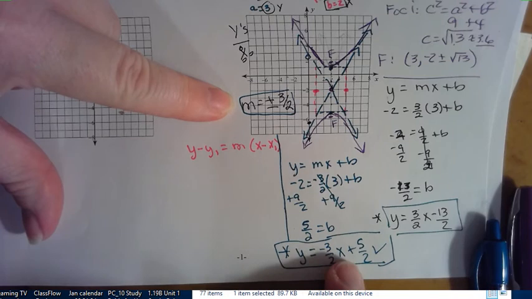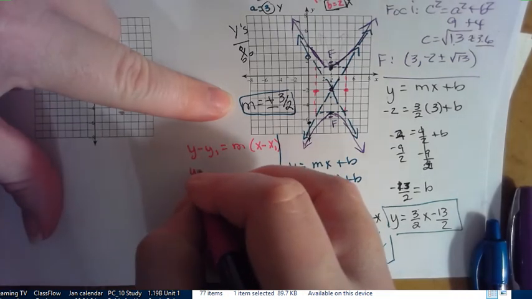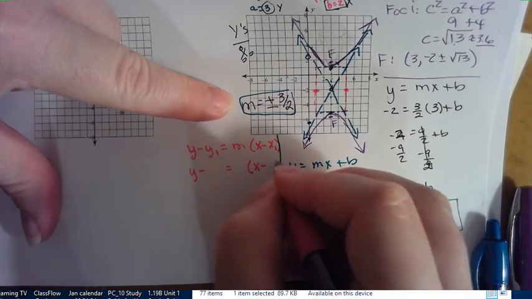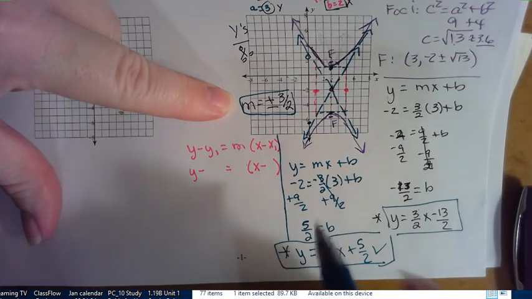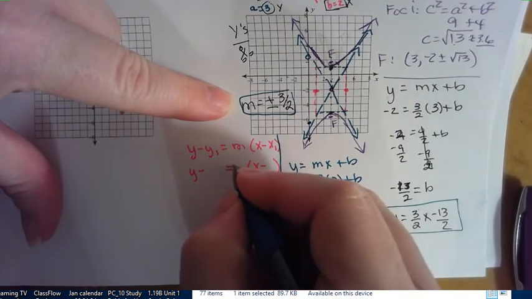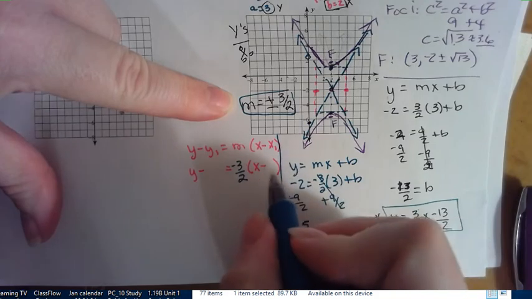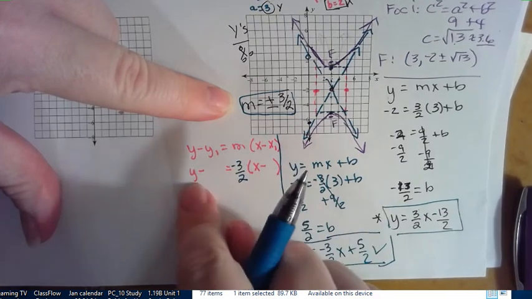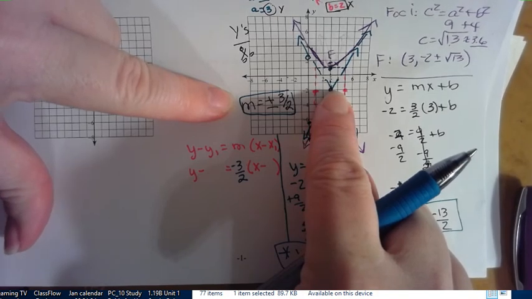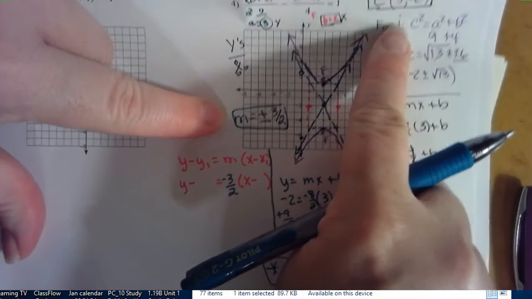I'm going to fill in what I know. I know I have y minus equals m times x minus, okay? So what I am going to fill in, I know that my slope, I use -3/2, and the x and the y come from my center, which the center was 3, -2. It's written actually up here.